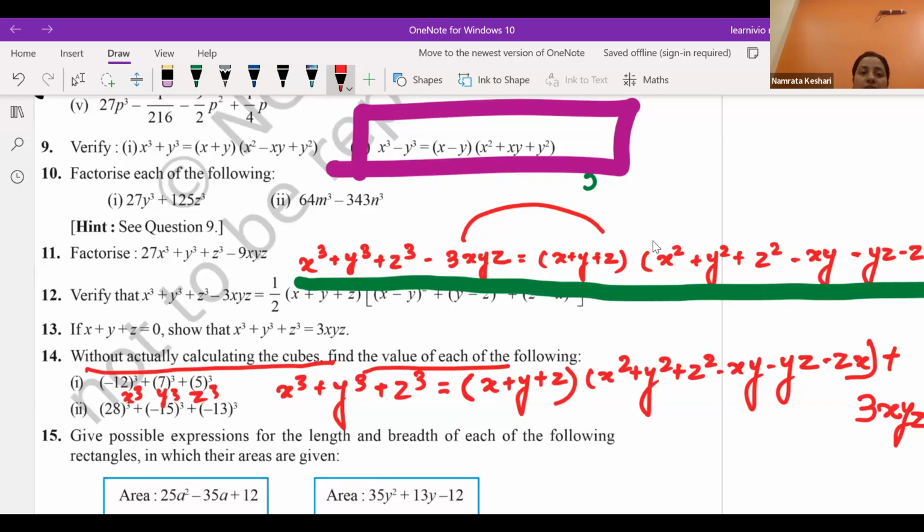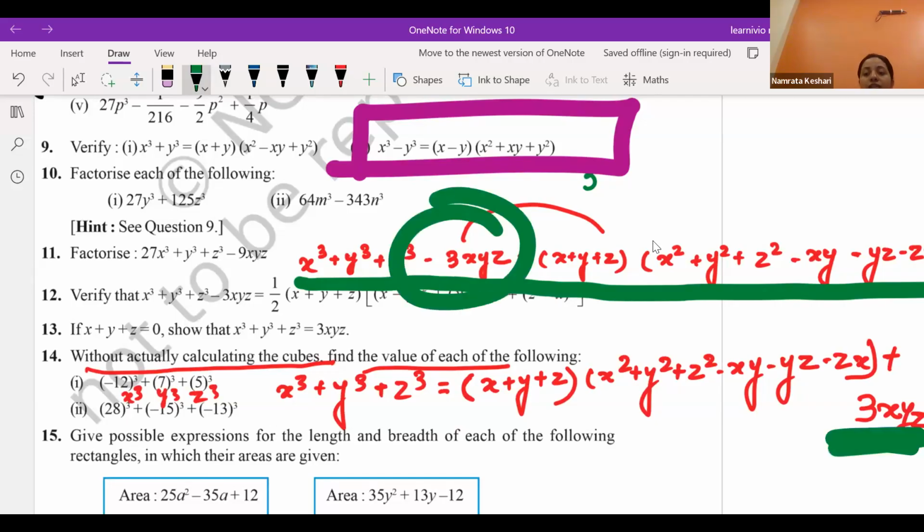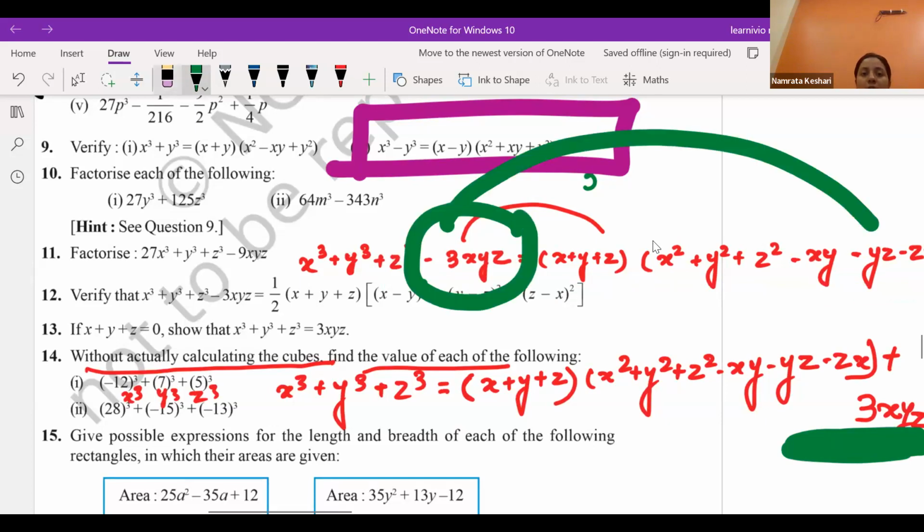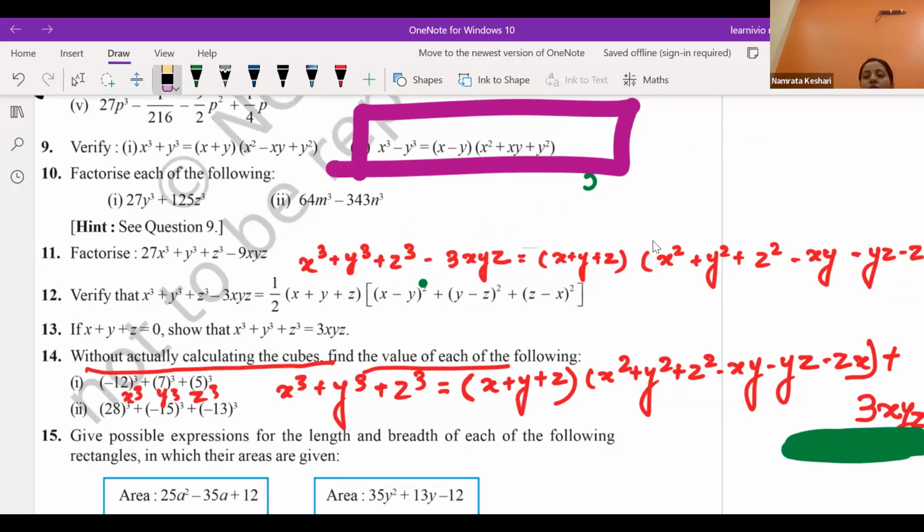This 3xyz we have taken from here and written over here. Is it clear? Yes, ma'am. We are shifting it to the other side. Why? Because in our question, just the left hand side part is given, and over there just x cube plus y cube plus z cube is there.